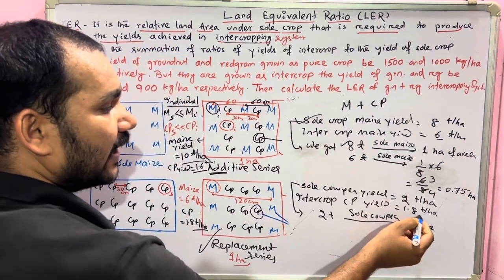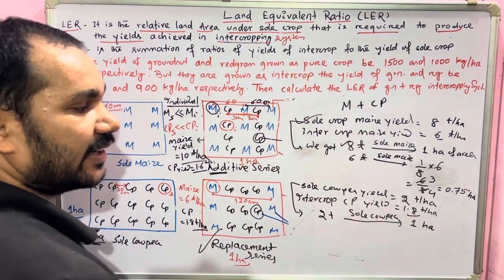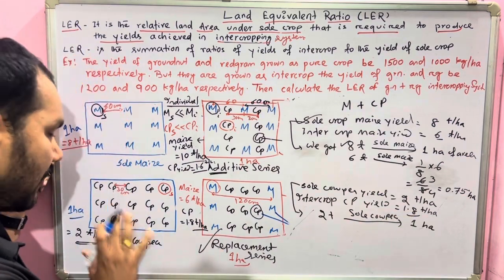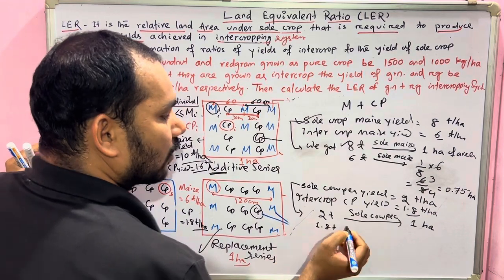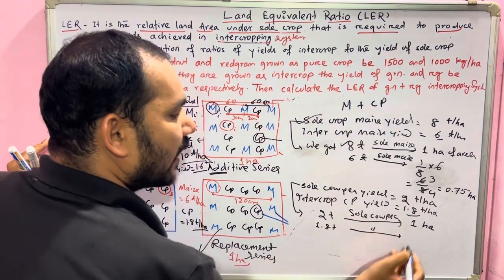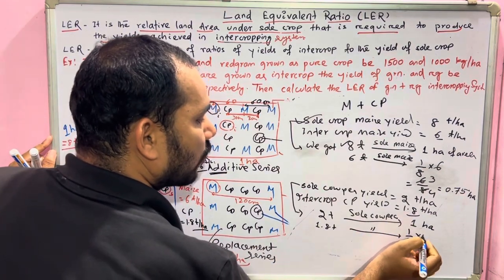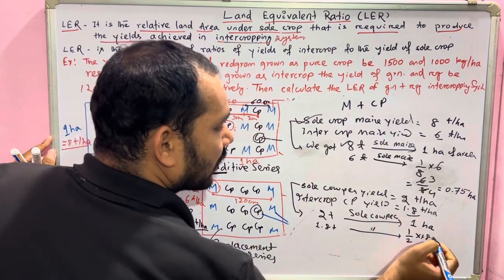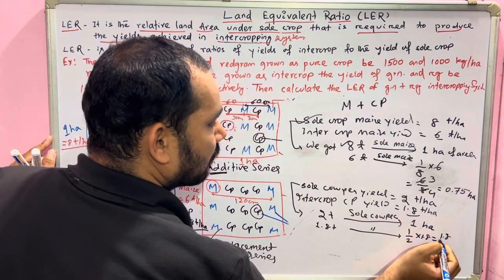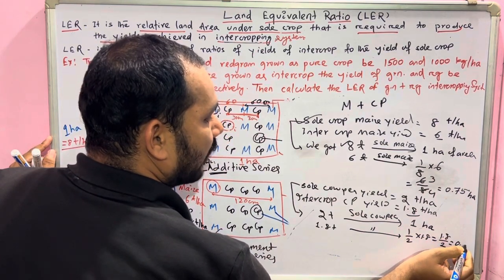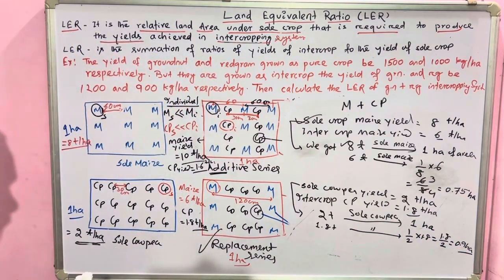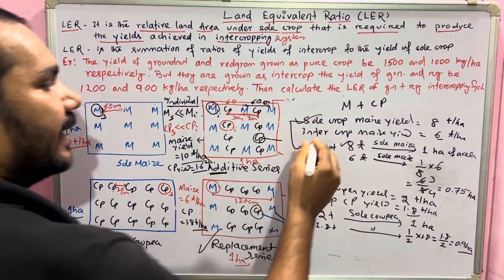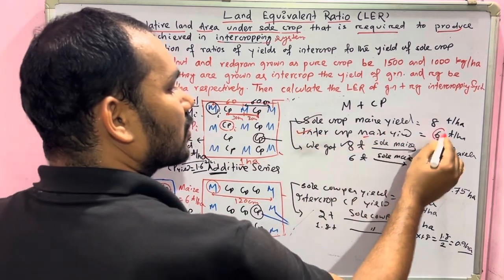How much of yield you want? Sir, I want 1.8 ton. So if I go for sole cowpea, in order to get 1.8 ton, how much of sole area is required? 1 by 2 into 1.8 is equal to 1.8 by 2. So it will be 0.9 hectare. Yes or no? That means the simple thing is, what is the intercrop yield of maize? 6 ton.